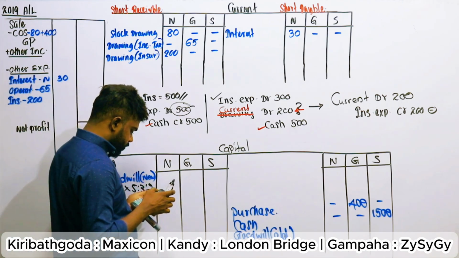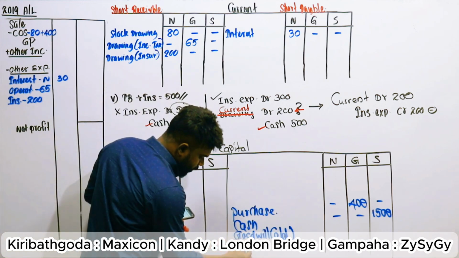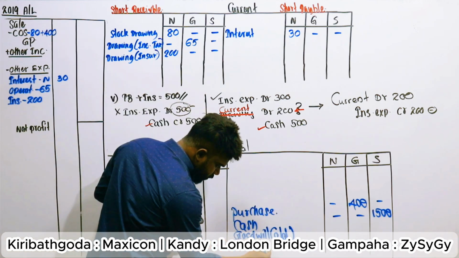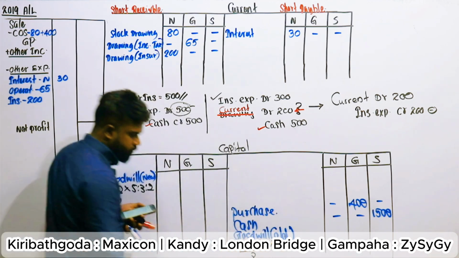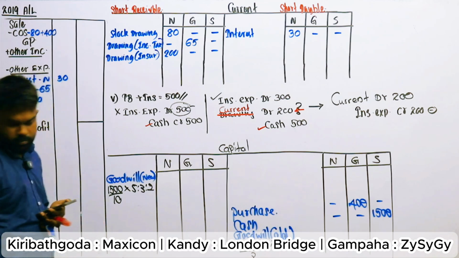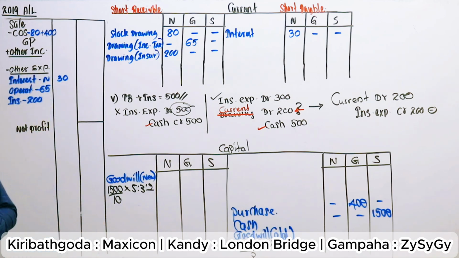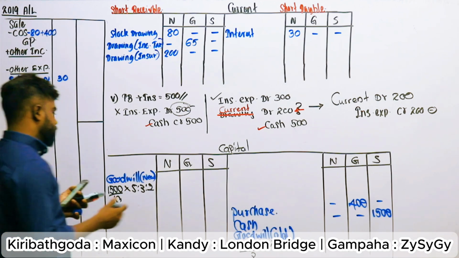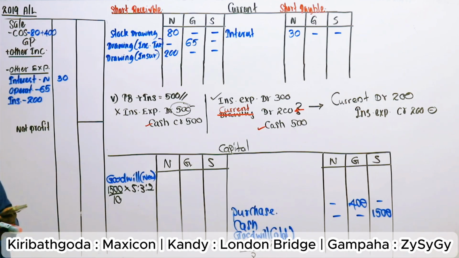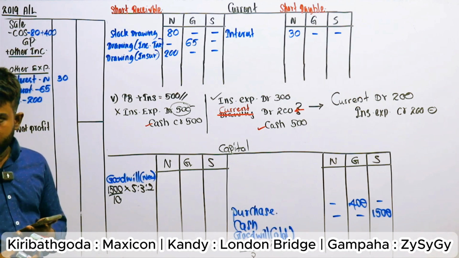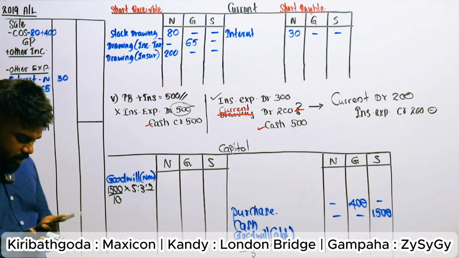Here old ratio 1500, old ratio 2 is 1. 300, 200, 100. No, sorry, how much is goodwill?